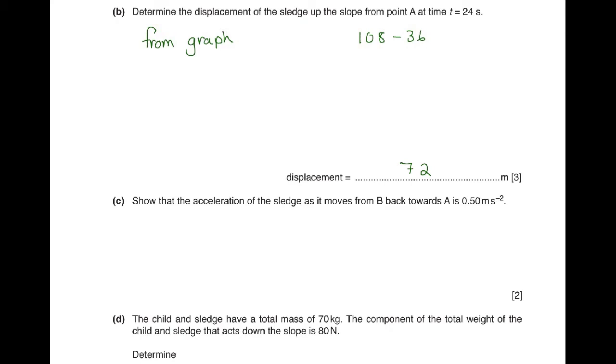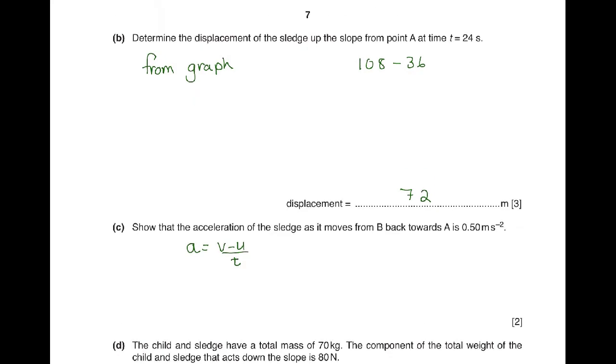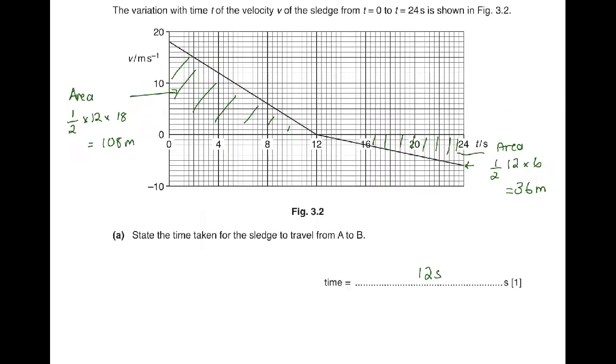In C, show that the acceleration of the sledge as it moves back from B back towards A is 0.5 meters per second squared. Again, we can take this data from the graph, and I'm going to take data to put into this equation. So from the sliding back from B, I want to know what the initial and final speeds are and how long it takes. So let's go back to that graph.